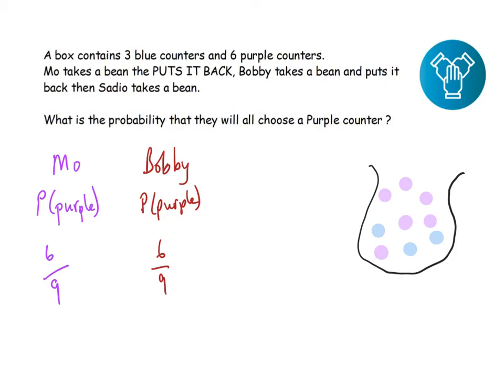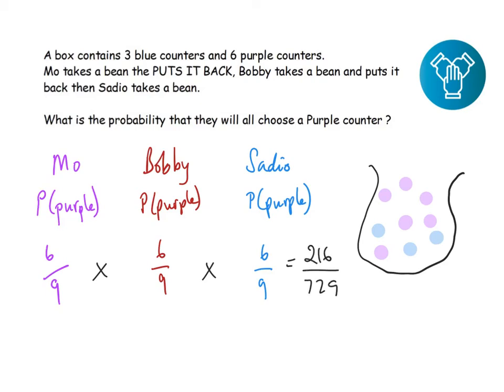And then the probability of Sado again is the same, and then we're going to times those 3 outcomes together to get 216 over 729. So that's the probability of purple.